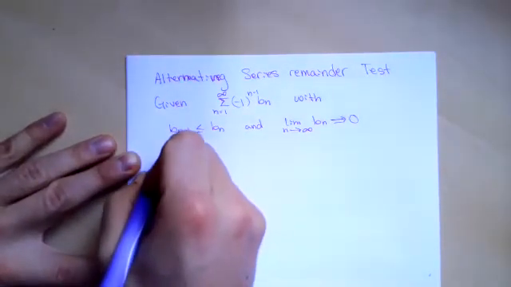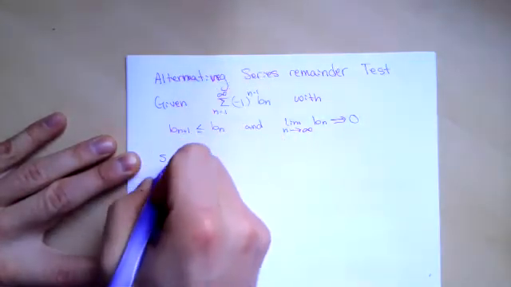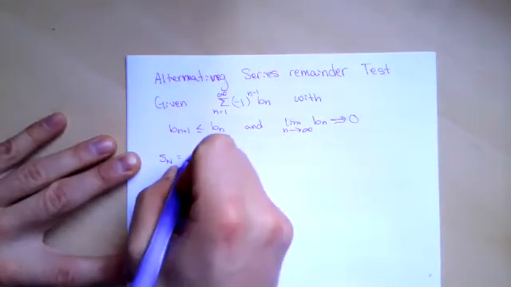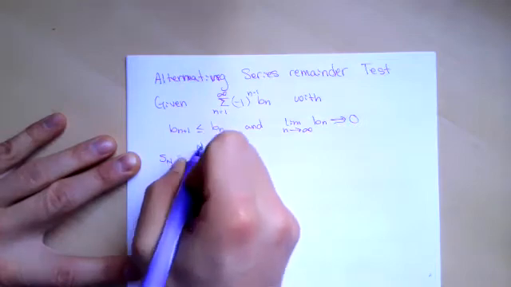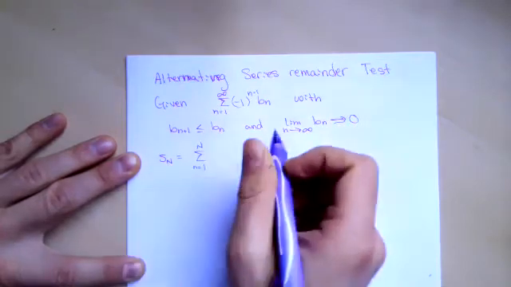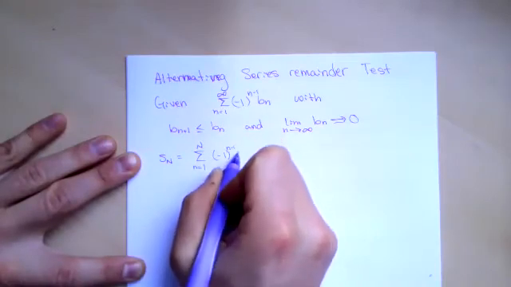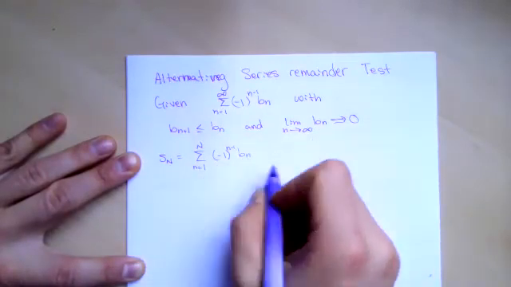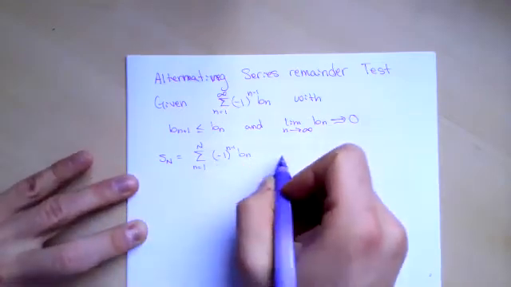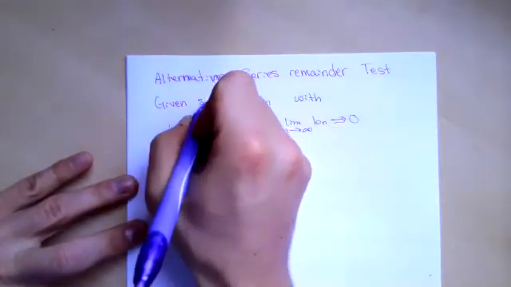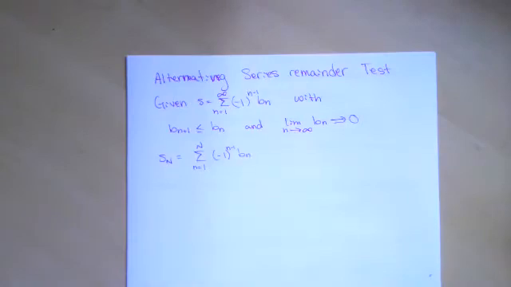Then, if we define our nth partial sum as just summing the first capital N number of terms, and of course, we can say S is the entire sum all the way out to infinity.